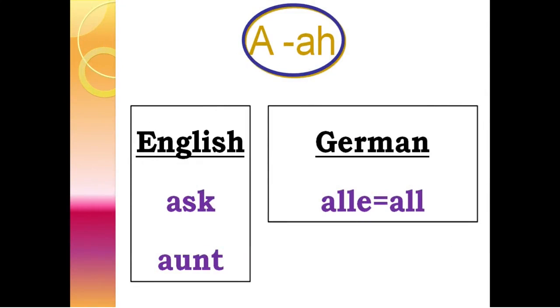So starting with the A of German, the A of German can be heard in English words like ask or aunt, and in a German word like alle.